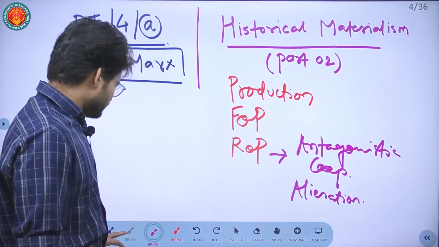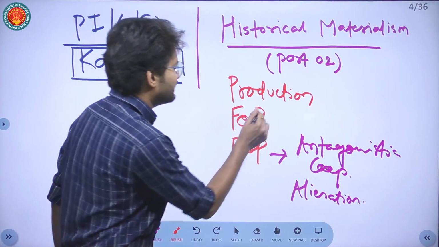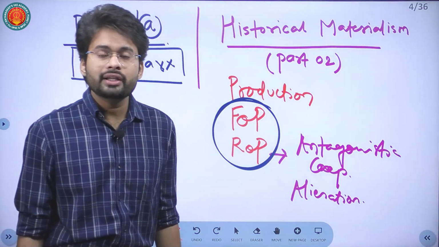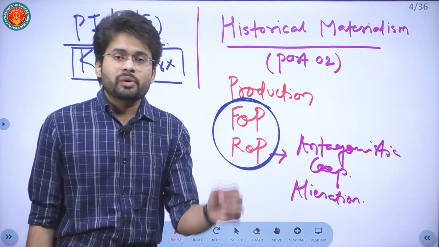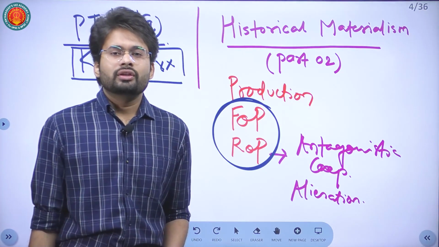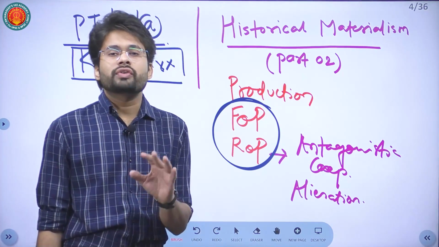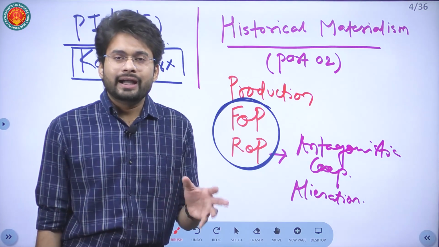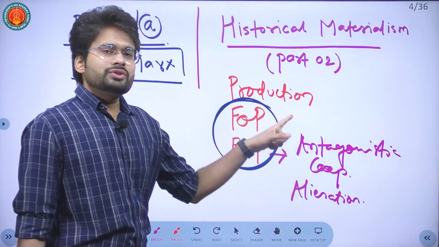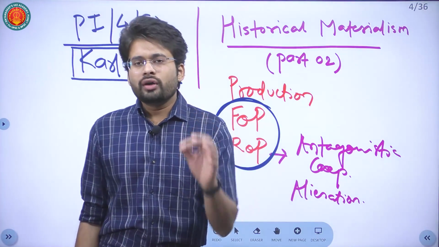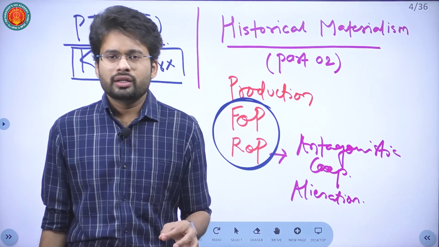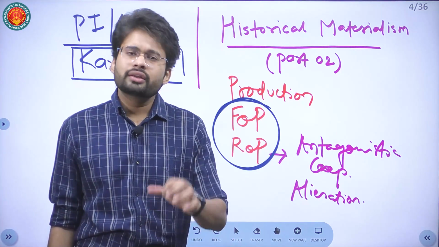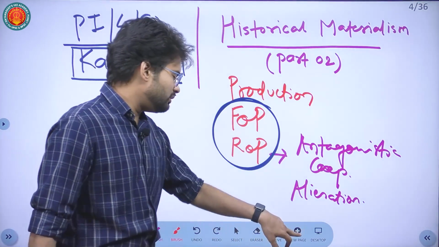According to Marx, these two concepts, the factors of production and the relationships of production, are the two defining terminologies at the foundation of any society, as the production process is the core of all activities in society. Production involves factors and relations. Okay, we'll make it simple, don't worry.